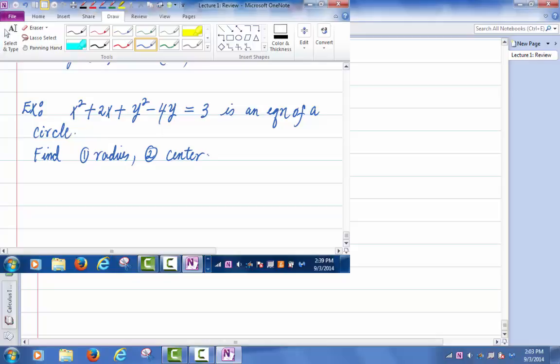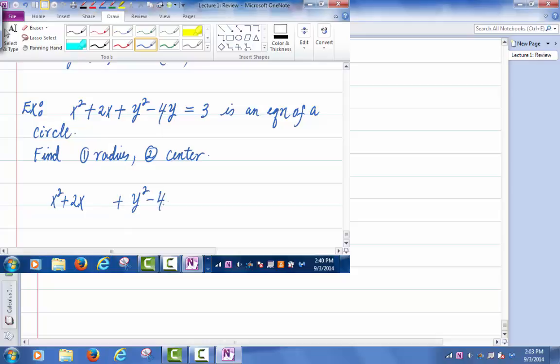Yes. So what do I have to do? I don't have the correct form, right? So I have to put it in that form. And how do I do that? You complete the square, right? So basically, I have to complete the square for x, and I also have to complete the square for y.